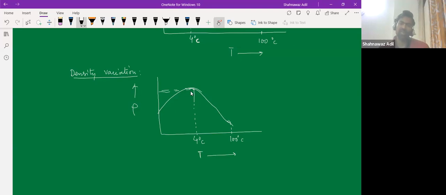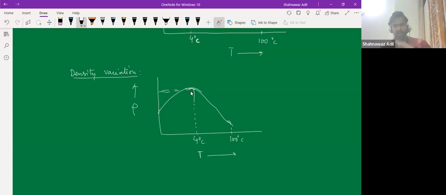Because let's say in cold areas, the water should freeze, right? So if all the water is frozen, then how is the life of those aquatic animals possible, right? But due to this density variation, the top layer is frozen.